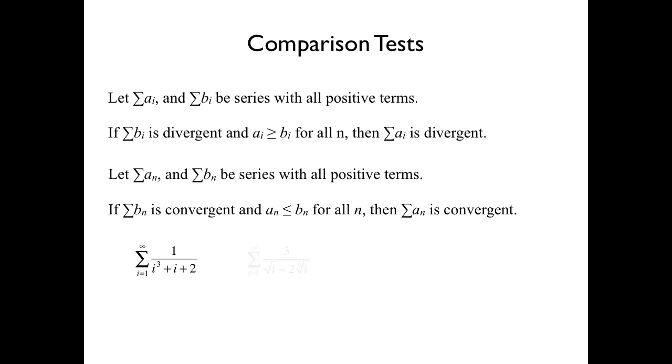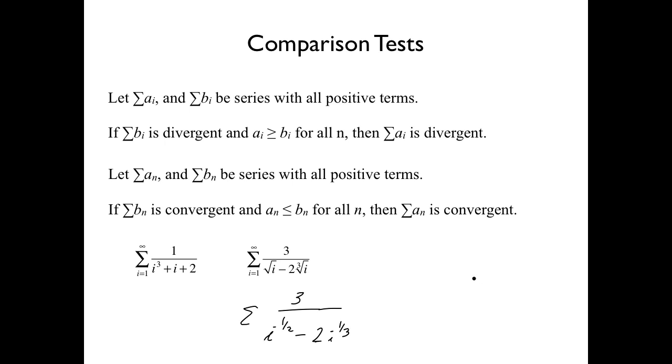Okay, another example. So we've got 3 over the square root of i minus 2i cubed, and maybe a good first step would be to write those out as exponents. So 3 over i to the 1/2 minus 2 times i to the 1/3. What do we suspect about this one? Convergent or divergent?